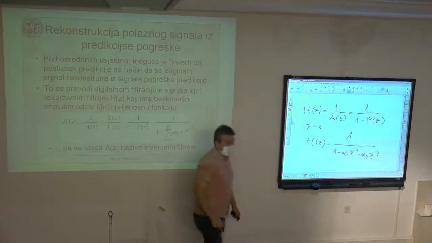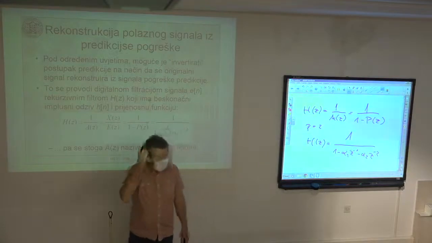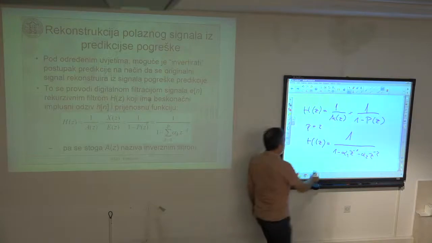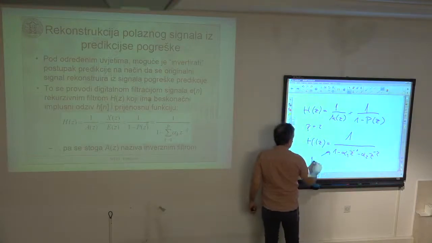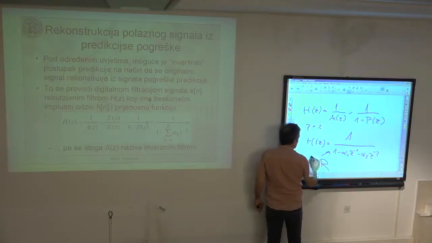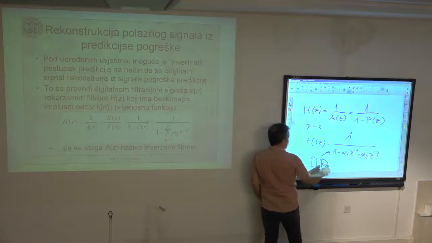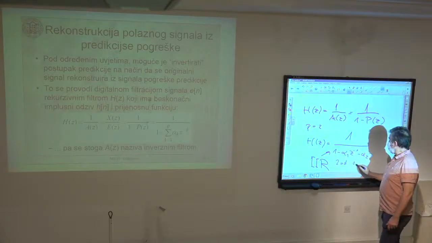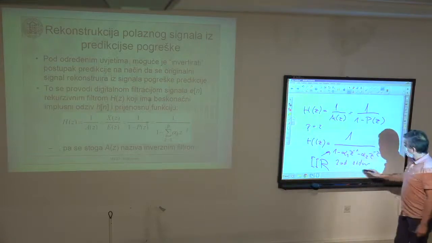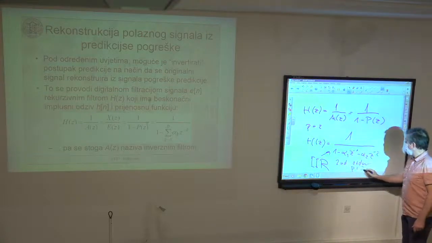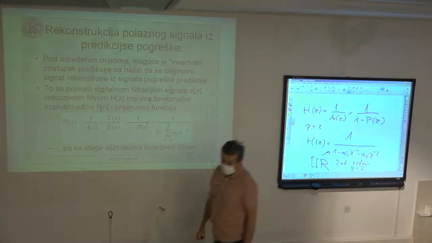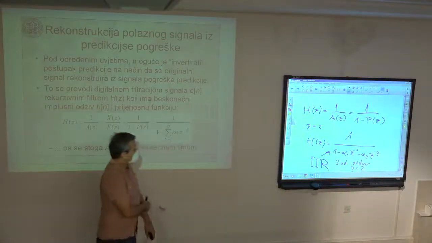So it is a second order recursive filter. It is an infinite impulse response filter, IIR filter. The IIR filter in this case is second order because P is equal to 2. So the order of this IIR filter is equal to the prediction order.